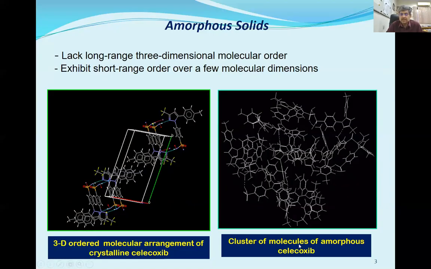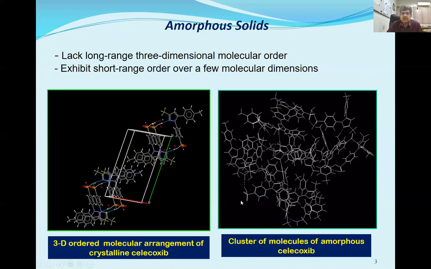So this is the cluster of molecules of amorphous celecoxib. Here also we have similar molecules of celecoxib, but as you can see, they are arranged in a disordered manner. You can see some of the molecules may be in an ordered state with respect to their neighboring molecule, but a long range order is missing in the case of amorphous celecoxib.